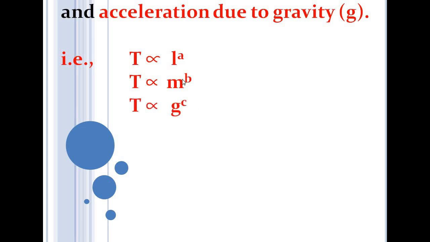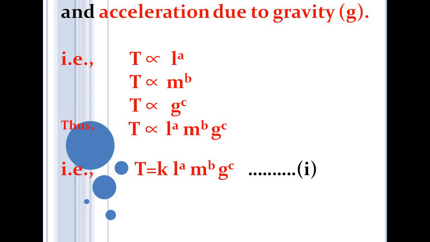Similarly, time period may depend on the acceleration due to gravity. Combining these relations, we get T proportional to L power A, m power B, g power C, and further we may write T equals K, L power A, m power B, g power C.